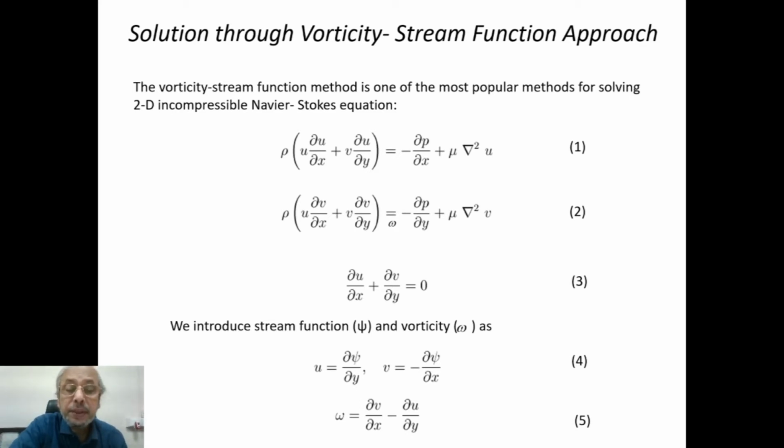Then u velocity becomes del psi del y, v velocity becomes minus del psi del x. Equation 4. And omega we have already defined in our preliminary discussions, that omega is vorticity, del v del x minus del u del y.